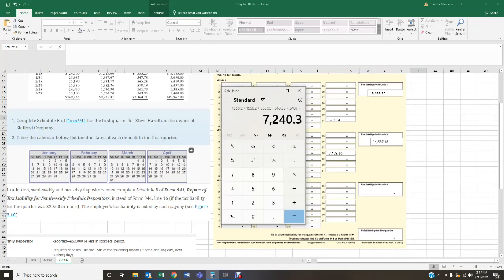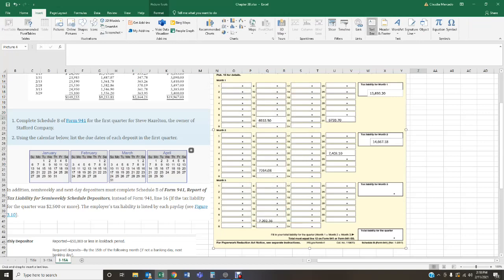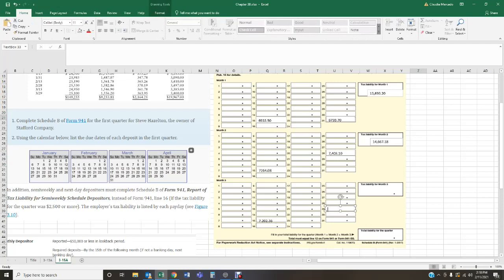That's 7,240.30. Insert text box, and that is on the 29th. That is 7,240.30.